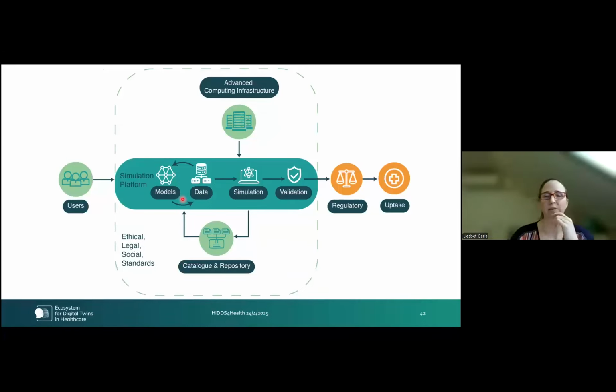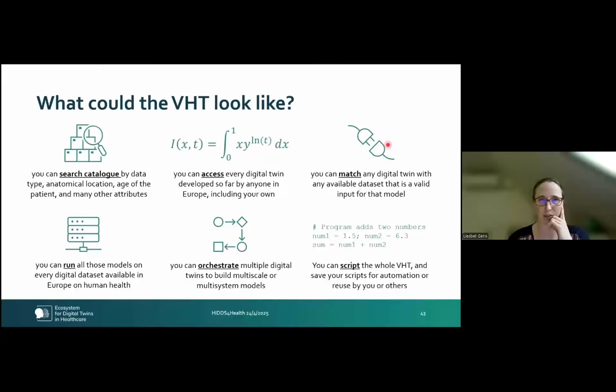Now, with this combination of data and models, we should be able to run simulations and do some initial validation of these models using, if it is required, advanced computing infrastructures that are available in the European space. Then you can take this out of the platform and use this to go towards regulatory and uptake, but that is beyond the realm of what the European Commission foresees in their platform.